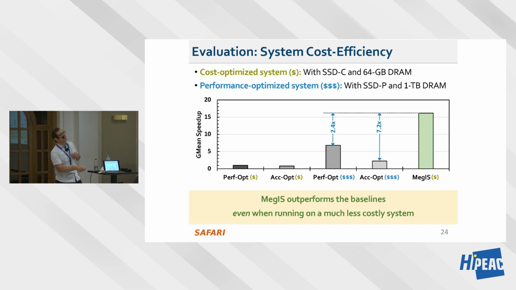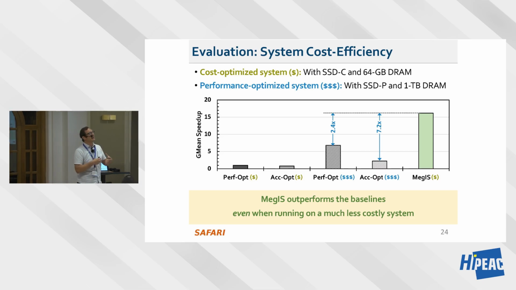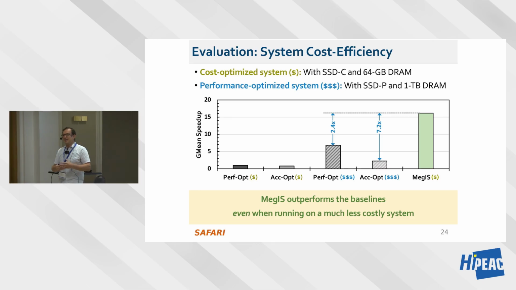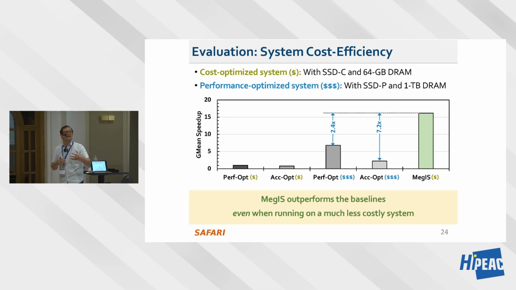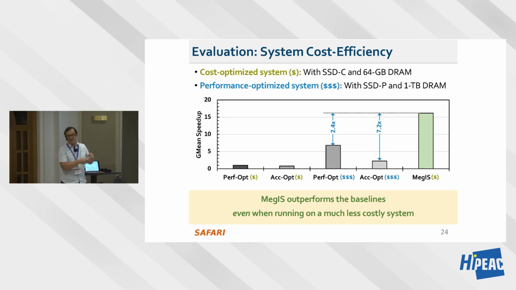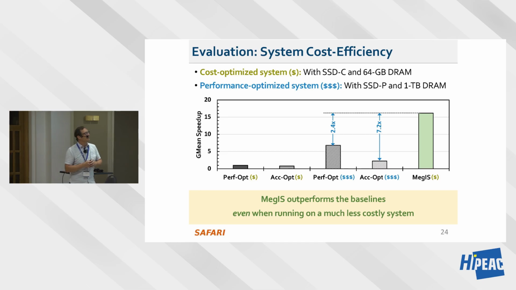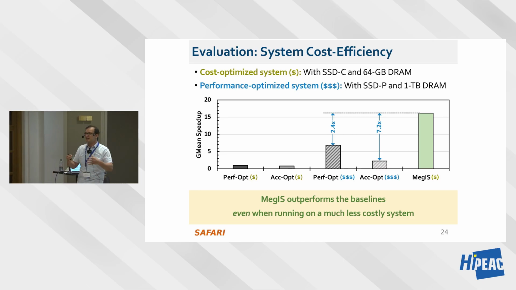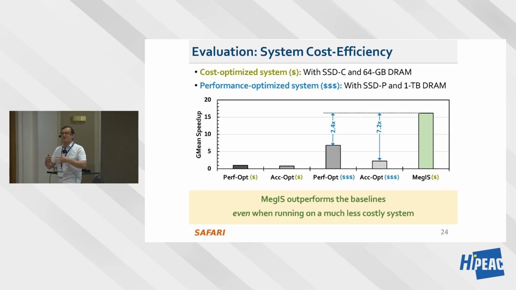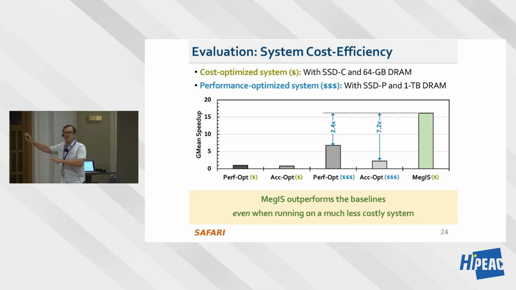Now if you use Megis on top of a cost optimized system, you actually outperform both, essentially outperform the expensive baseline system. So basically doing in-storage processing with a less costly system, smaller DRAM and cheaper SSD with lower bandwidth is much better than using an SSD that's much more expensive with a lot of DRAM without doing in-storage processing.